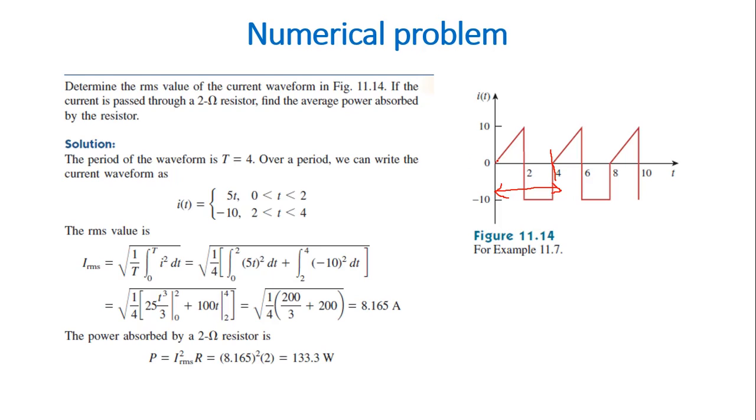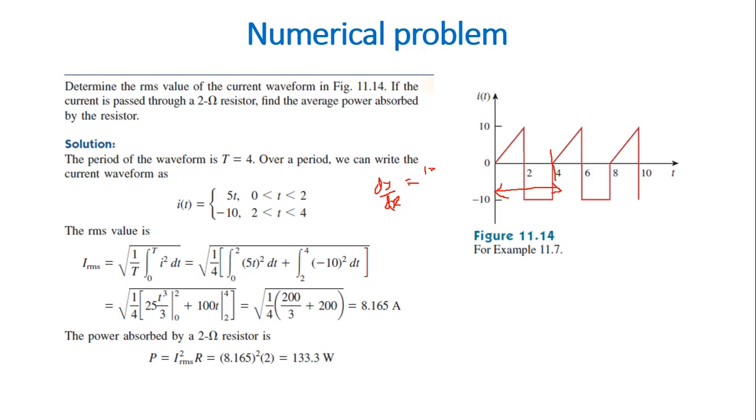The slope is dy by dx. So dy is 0 to 10, that is 10 minus 0, which is 10.